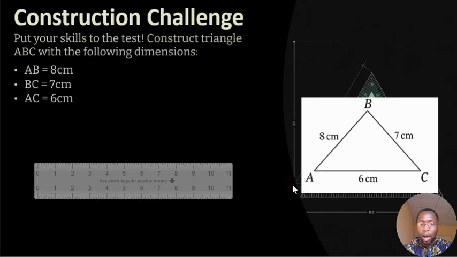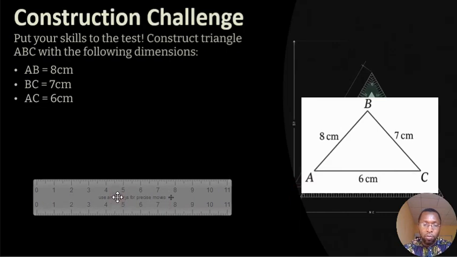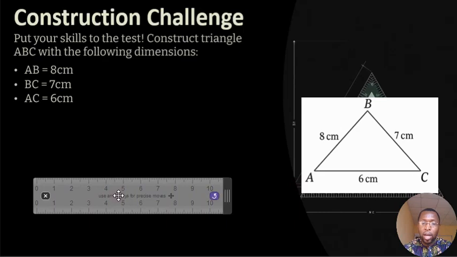Since AC here is 6 centimeters, I have to draw a 6 centimeter base. So with my ruler, from 0 down to 6, I stop at 6. With your ruler and your pencil, you draw your 6 centimeters. You see that now?